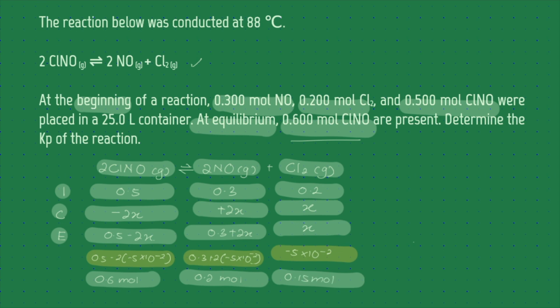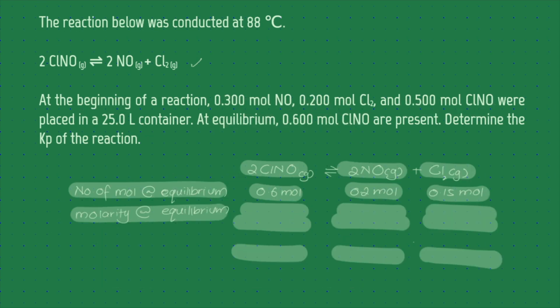Now we need to check the question again, and in the question we were given the volume of the container. From this volume, you can convert the number of moles into the molarity. Since we already know all the number of moles and the volume of the container, we can get the molarity. Molarity is the number of moles divided by the volume in liters.